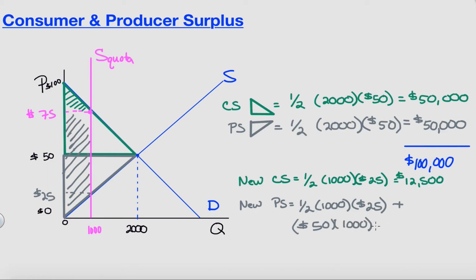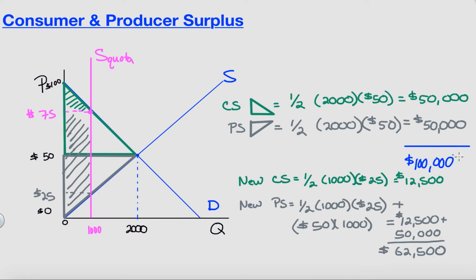Okay, so obviously our producer surplus is going to be 12,500 plus 50,000, which is going to give us $62,500. Okay, that is just for the producer surplus.